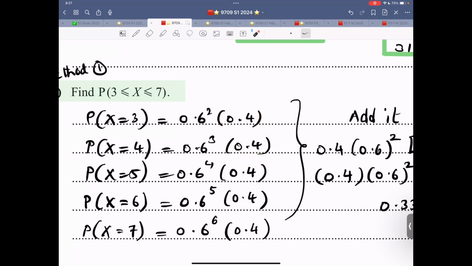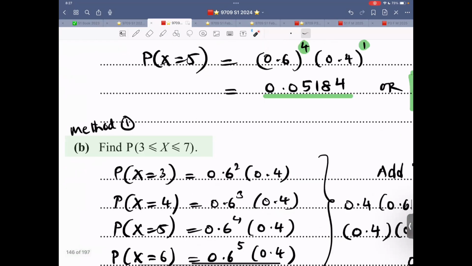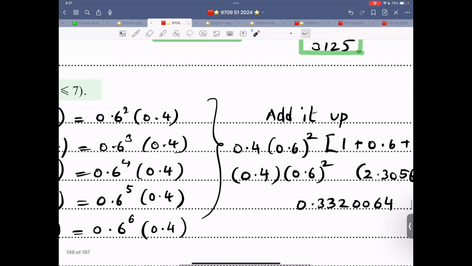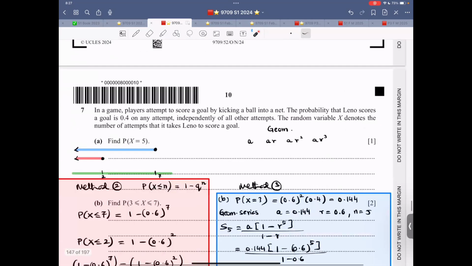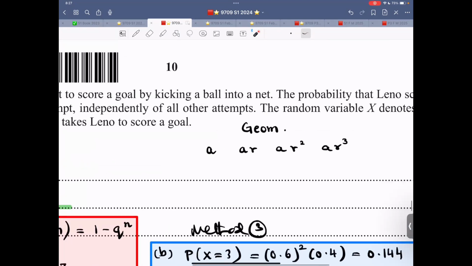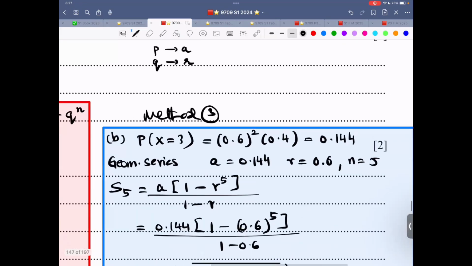So therefore, the probability of success, I think 0.4 is the success, right? Yeah. Probability of success is a and the probability of failure is r. Keep that in mind. So now what I've done is that I've calculated the probability x is equal to 3 because they're not asking from 1 till 7.